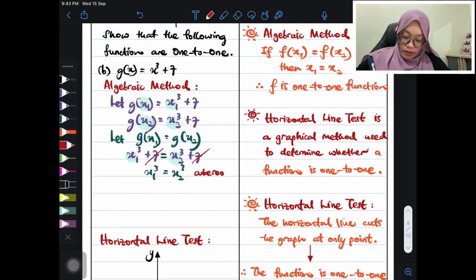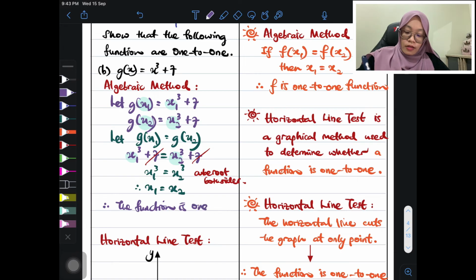Okay, we call this cube root both sides. When you cube root both sides, that cube will disappear. When it disappears, what's left is x1 is equal to x2. And this is really what you want. Therefore, you just write down the conclusion saying that the function is a 1-to-1 function. Ta-da! Easy as ABC.